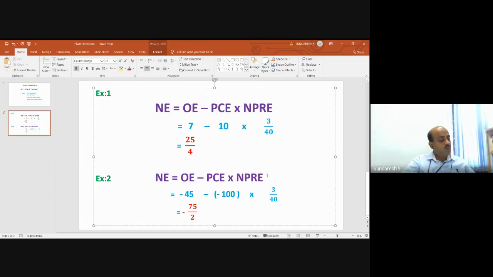The new pivot row element in that column is 3 by 40. So you will get minus 75 by 2. Could you get it?